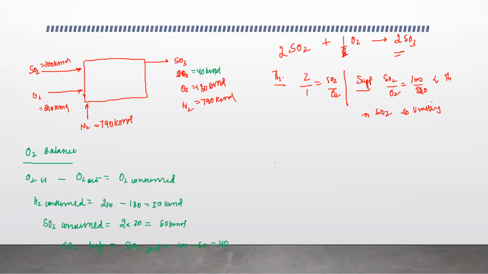Then again, by stoichiometry, we can say that SO3 produced is equal to SO2 consumed or SO2 reacted. And SO2 consumed is 60 kilomole. So SO3 is nothing but 60 kilomole. So let's go ahead with the composition, right?